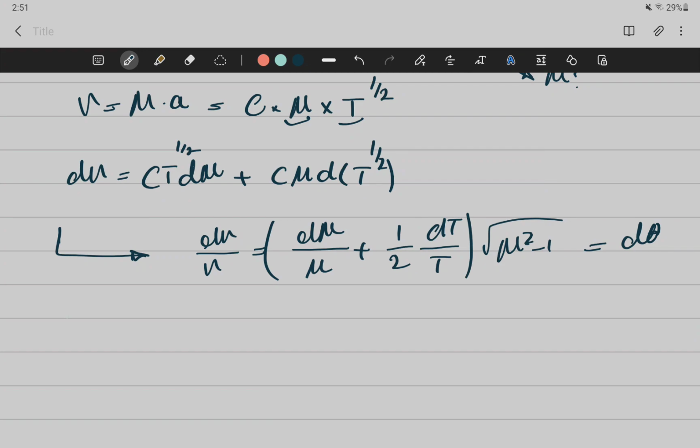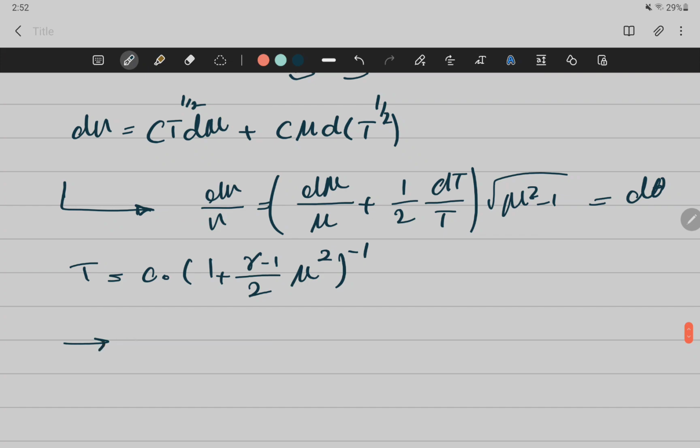But we already have a relationship between T and Mach number, it's a constant multiplied by 1 plus gamma minus 1 divided by 2 M squared. This is for an ideal gas, right? So this is the first assumption that we are introducing here, which means that we can replace dT by T by a function of Mach number.